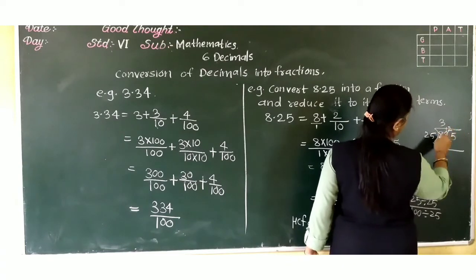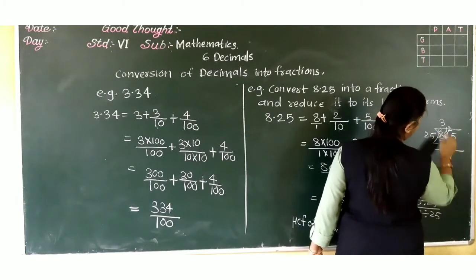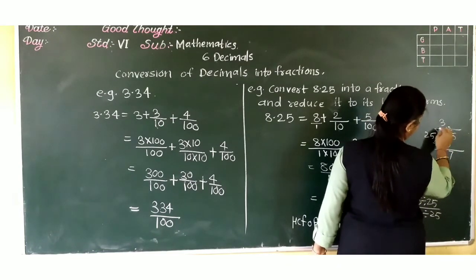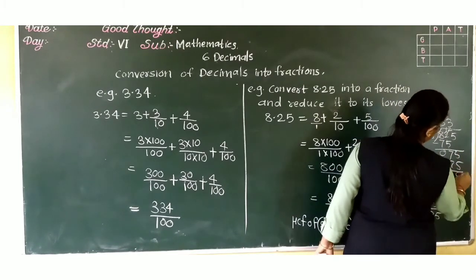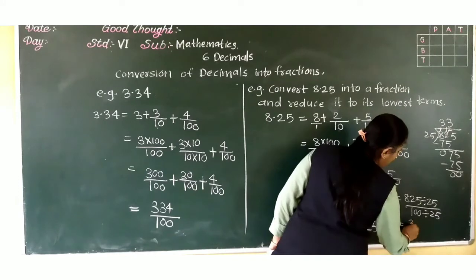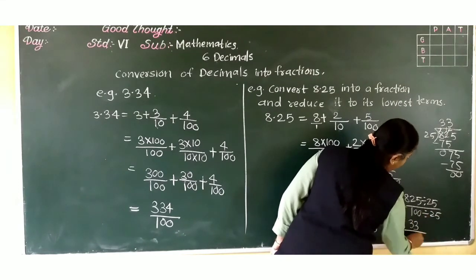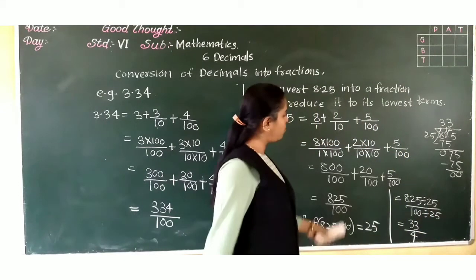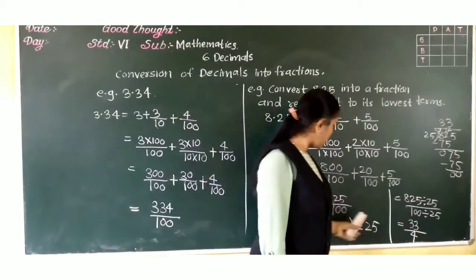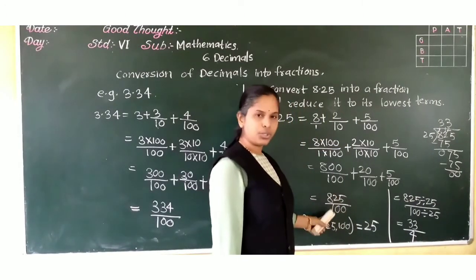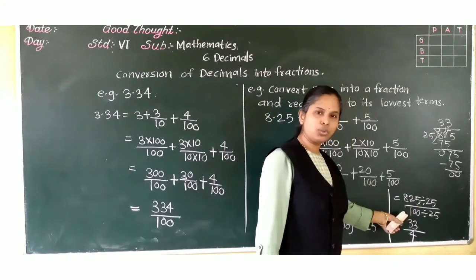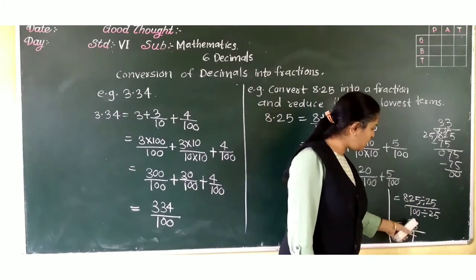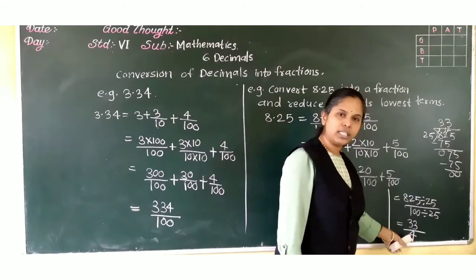Okay. 82 minus 75 is 7. Then 0 and take it again. Okay. 33. So here 33 upon 25 4s is 4. So what is the lowest form? How to find out? By taking out the HCF of these two numbers and dividing these two numbers with that HCF, so that this is the lowest. Now this is 33 and this is 4.